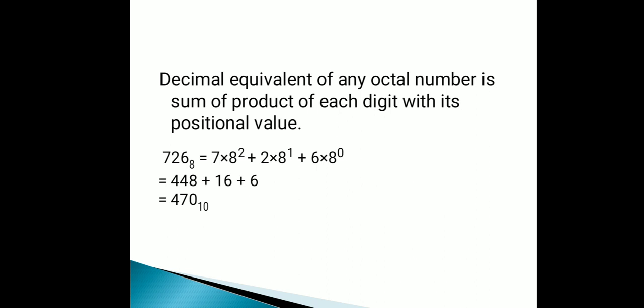Understood? This is very simple, and you already did something similar in the previous class, the binary to decimal conversion. I hope you understood how to convert an octal number.